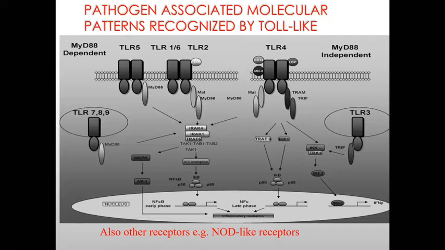So, for example, toll-like receptor 4 is a receptor that particularly is triggered by the attachment of a gram-negative organism to it.